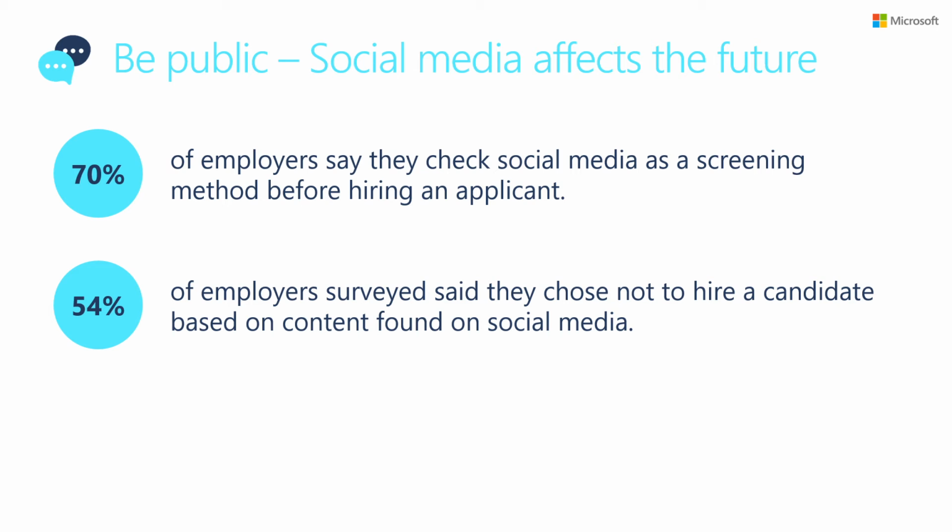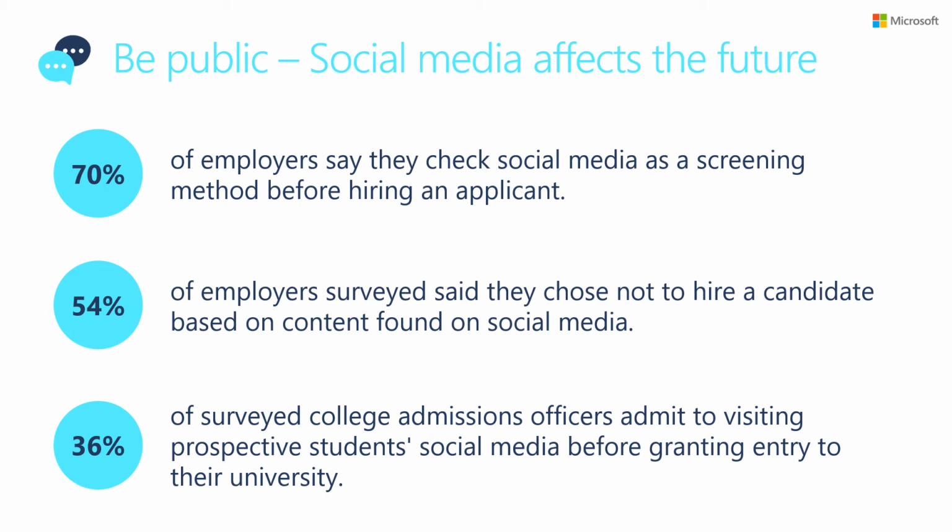So they are not okay with that thing, but 70% of employers say. And 36% of surveyed college admission officers admit to visiting prospective students' social media before granting entry to their university. So at different levels we can see that there are some people, whether they are 70%, 54% or 36%, they are considering social media.